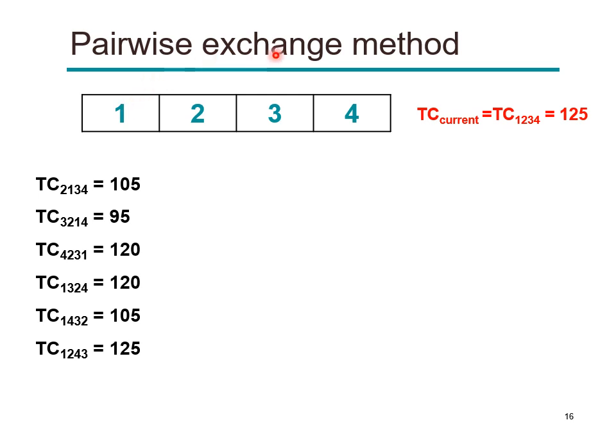Similarly, exchange 1 and 4 and you will obtain this layout 4, 2, 3, 1. And when you calculate its objective function value, you should find 120. Then exchange 2 and 3 and you will obtain the 1, 3, 2, 4 layout, and its objective function value will be 120.